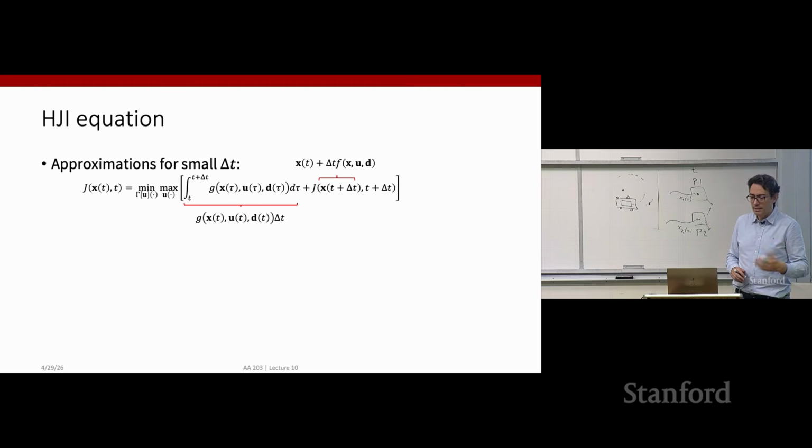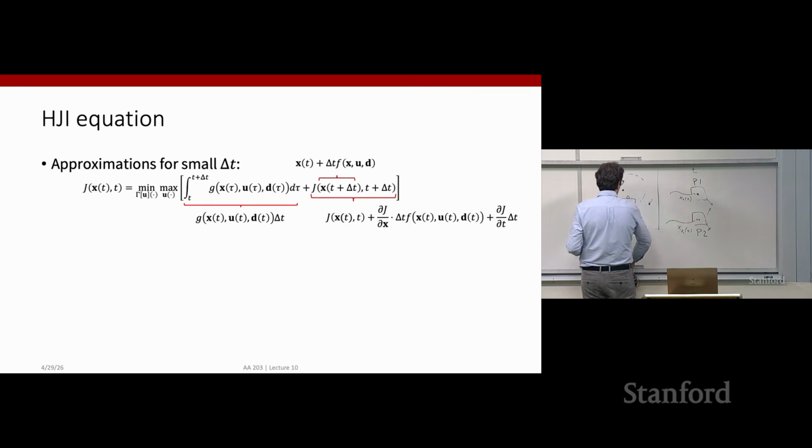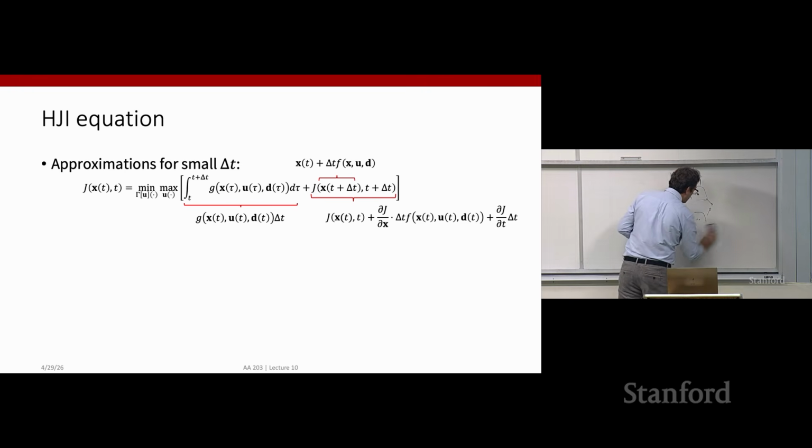I mean, we have done this many, many times. Which means that we can approximate the optimal cost to go from time t plus delta t.